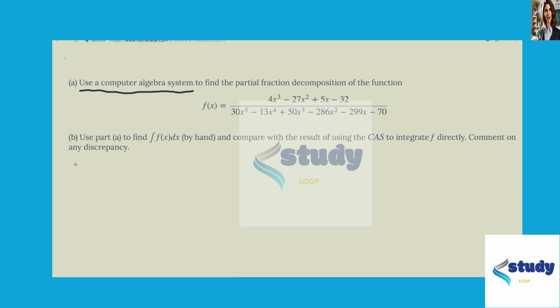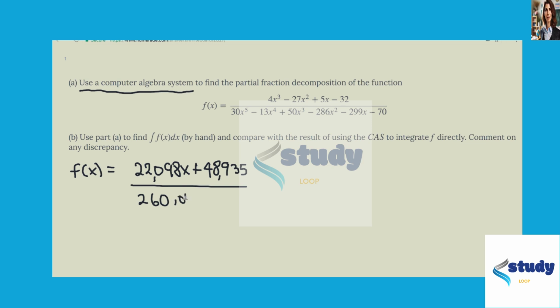So for part A, we can rewrite f as the following. We do have a lot of writing here with the large numbers. This is using the computer algebra system to give us the partial fraction decomposition.